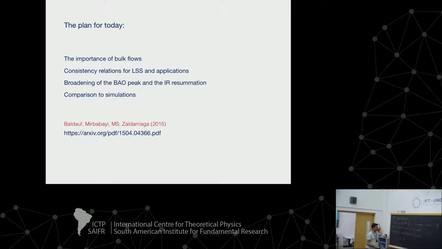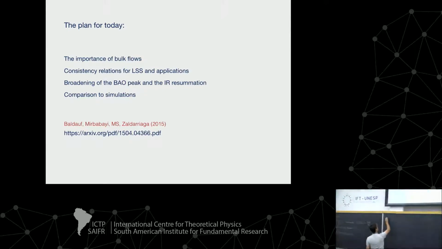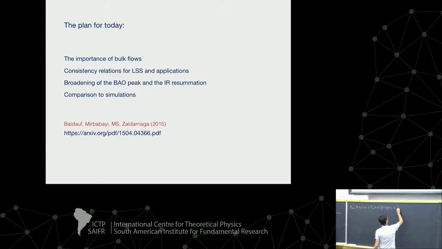And the final formula, for example, for this quantity at the tree level, I'll explain what it means: the tree-level bispectrum is going to be 2 times, because there are 2 contractions, F2 of K1, K2, P of K1, P of K2. These are linear power spectra. And plus, we have 2 other permutations.